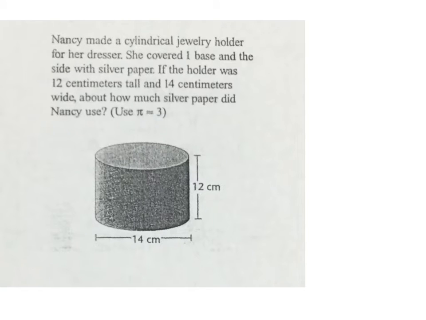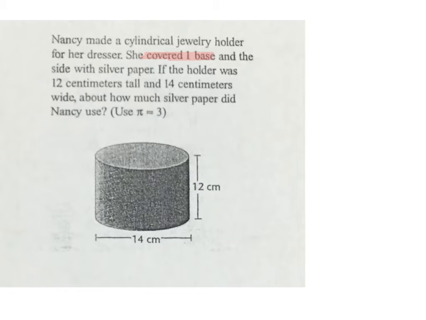So this is important because here in the first part, it says covered one base, okay? So that's important for me, all right, in this type of question. Now, on our test tomorrow, we're not going to have any questions where it just says one base, okay? So we're going to use the total surface area of a cylinder, but we're going to alter the second part of the formula just a little bit, okay?